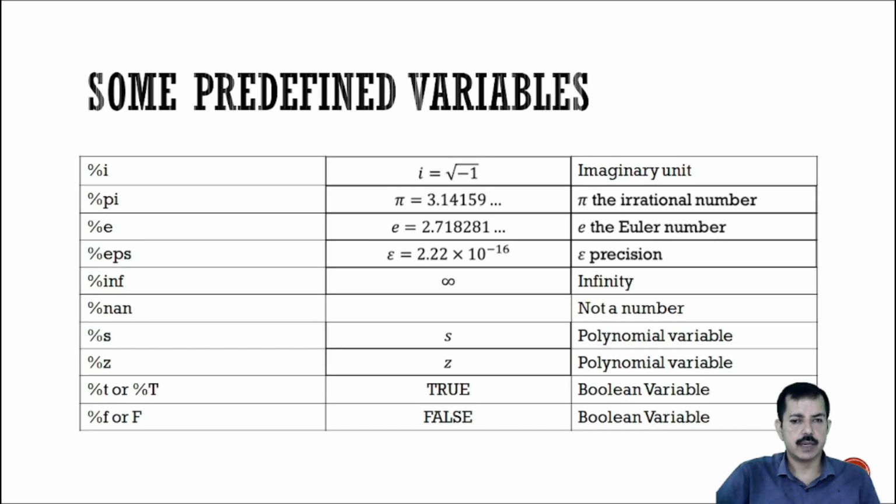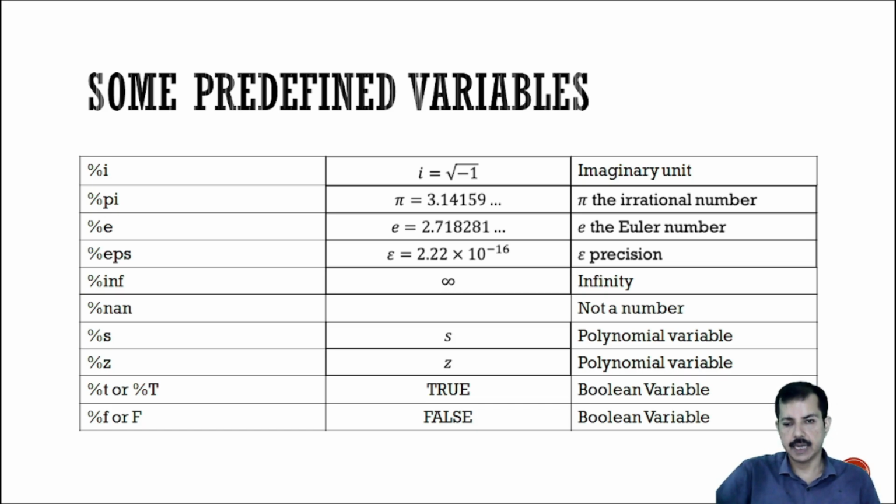Now, some predefined variables. Percentage i is used for the imaginary unit. Its value is root minus 1. Percentage pi is the irrational number pi. Percentage e is Euler's number. Percentage eps, epsilon, is the machine precision. Infinity is percentage inf, percentage nan is not a number.